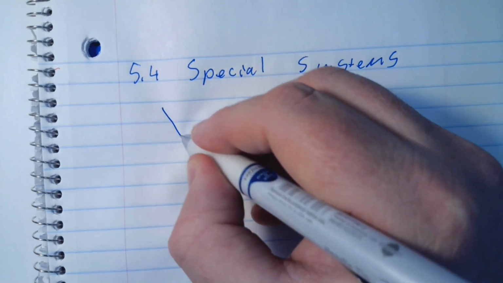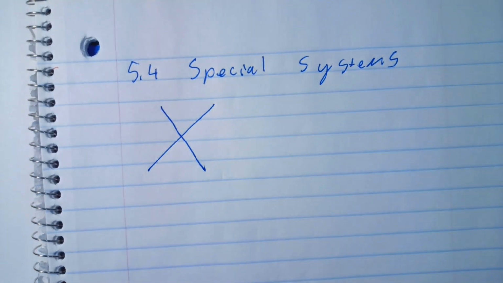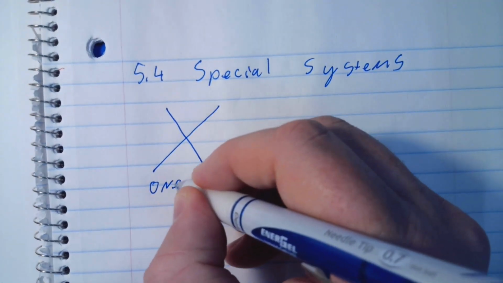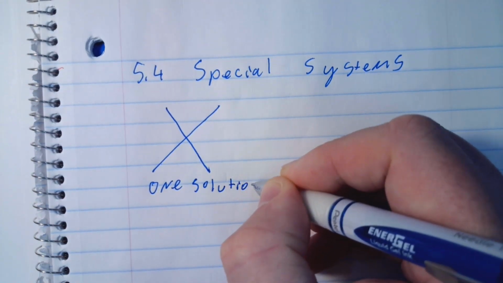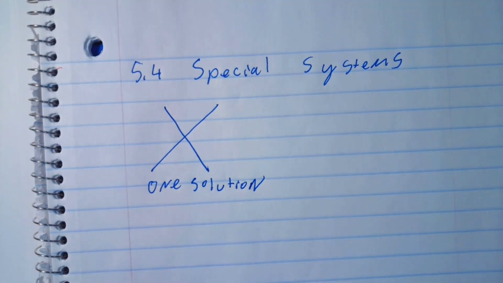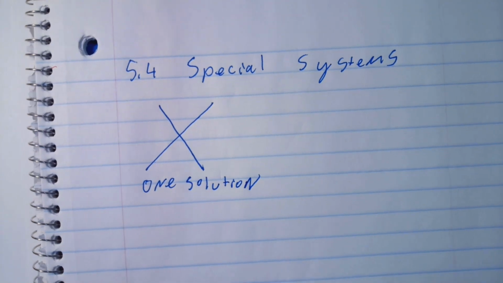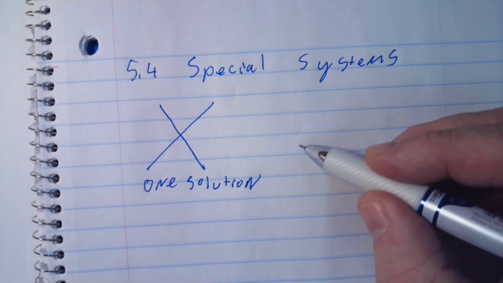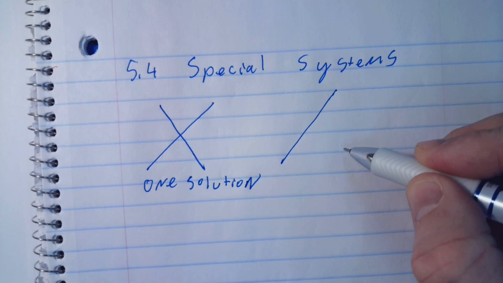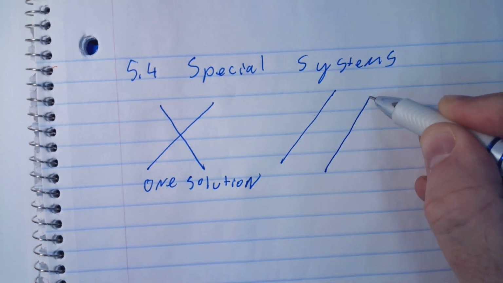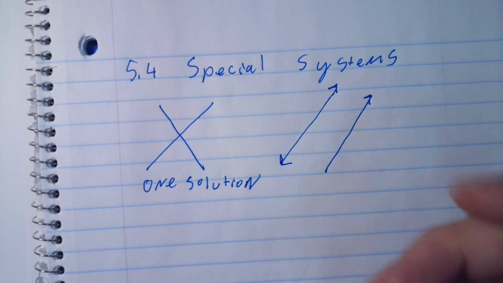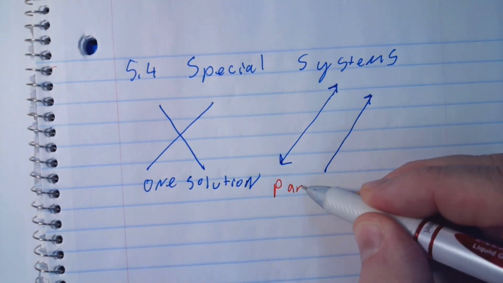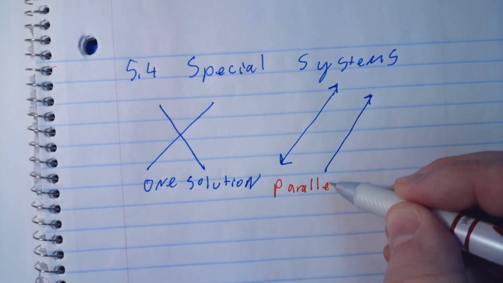So far what we've done is we got one solution every single time. Today, we are not getting one solution. Well, we will get one solution on some of the problems because not all of them can be special. Some of them are going to be normal. So we're going to have 2 different ones. So we just discussed parallel lines. And parallel lines are going to be no solution.